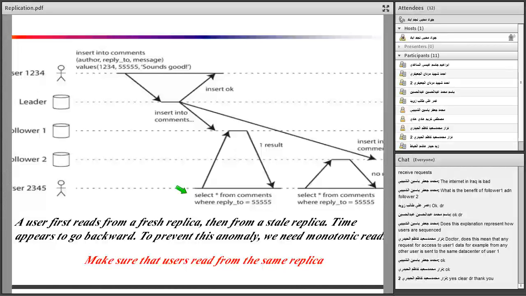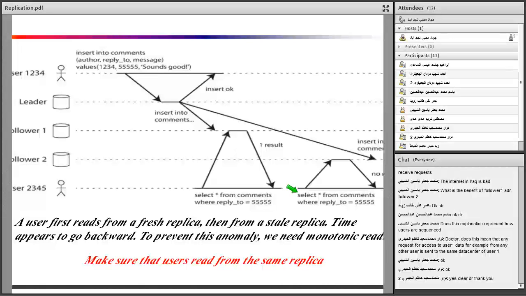This read query is sent from the user to follower 1. In this figure, it's clear that follower 1 has updated information, so one result is returned to the user, because follower 1 has updated information.